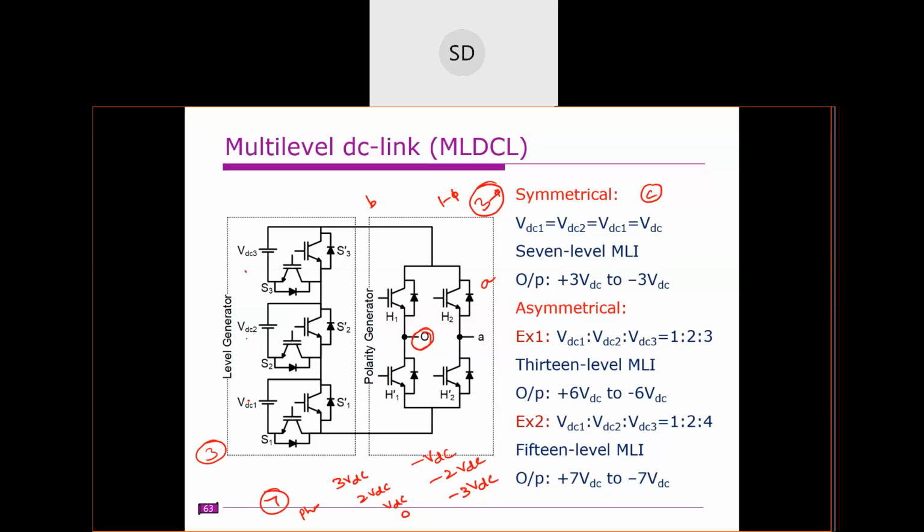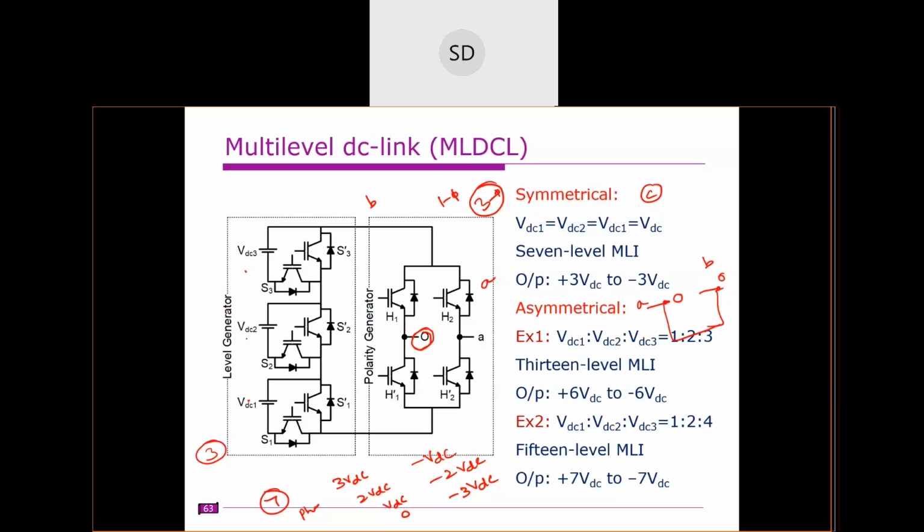In H bridge, we are connecting all those points. So similarly here also we need to connect all these zeros. So this is A phase 0 and this is B phase 0. All these zeros must be connected. So here you have A phase, B phase, C phase. So likewise we have 3 phase.